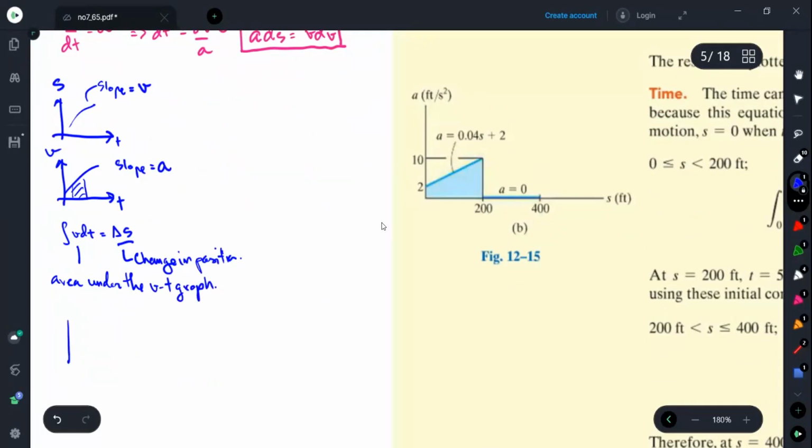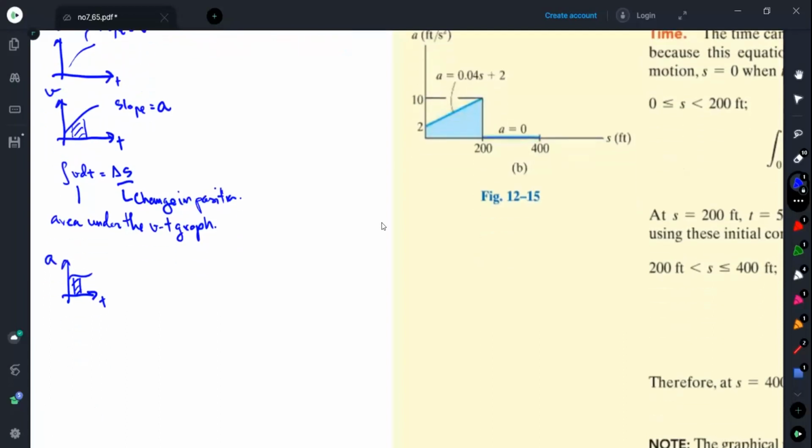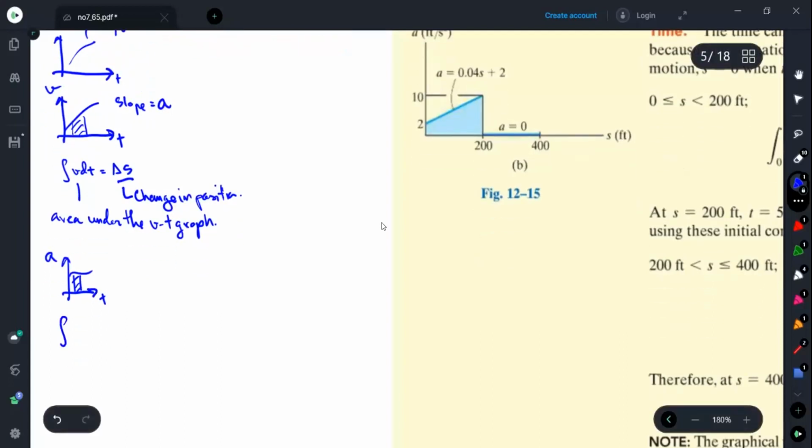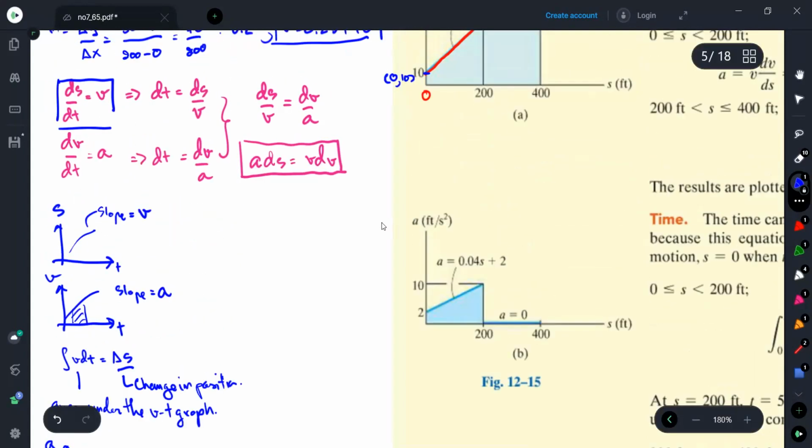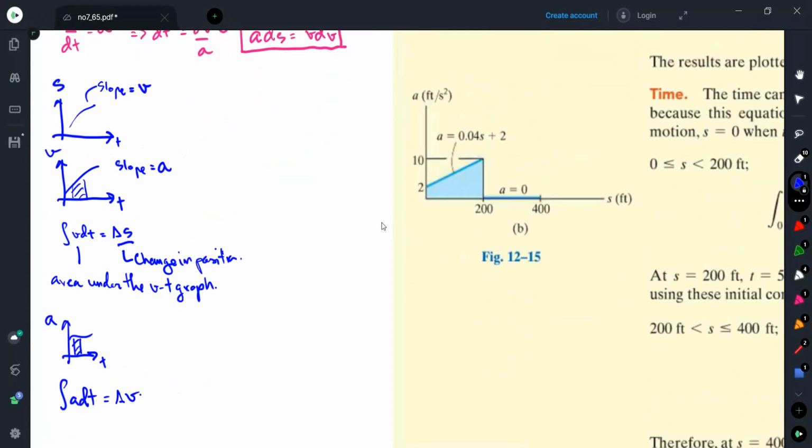In the same manner for a-t, we found that the area under the a-t graph becomes delta v, right? But for the relationship between a-s and v-s, it is not directly related like this.